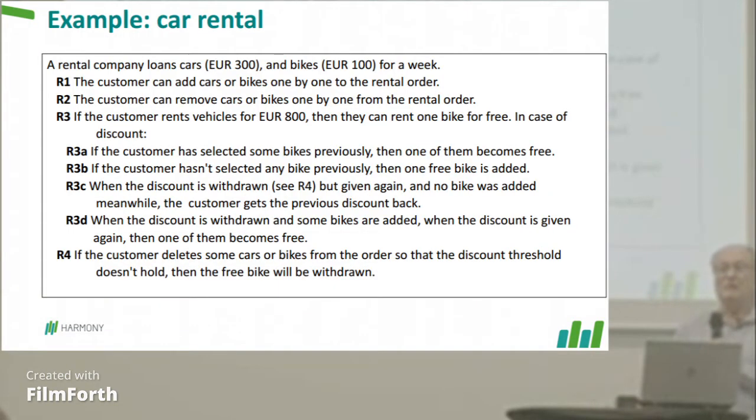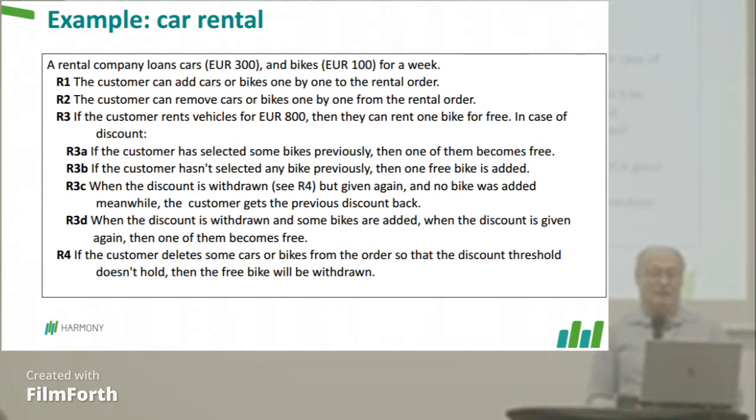To demonstrate what I'm saying, here is a relatively simple example with the requirements. The first requirement is that we can add bikes and cars one by one. Reversely, we can remove bikes or cars one by one.